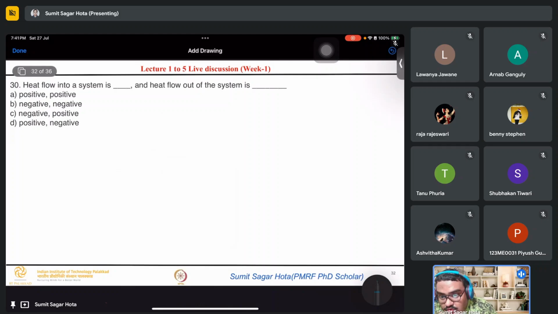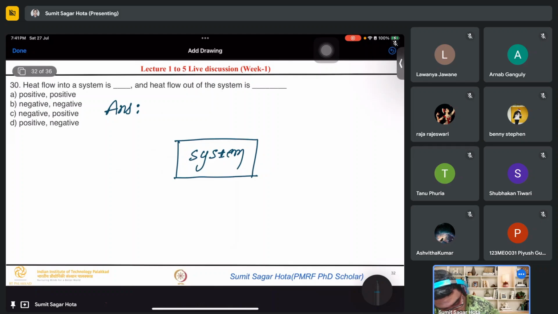So the heat flow into a system is dash and heat flow out of the system is dash. Okay, this I already told. So I can put one system here.